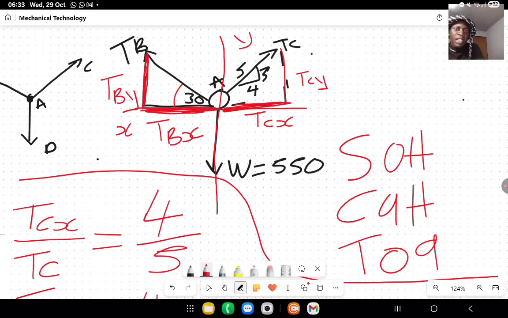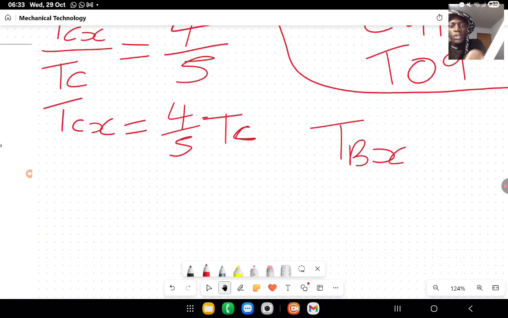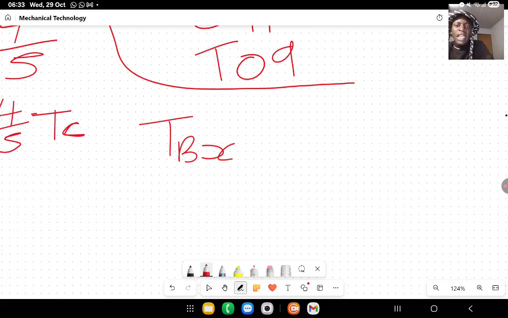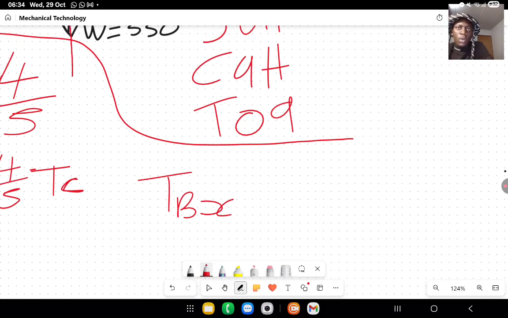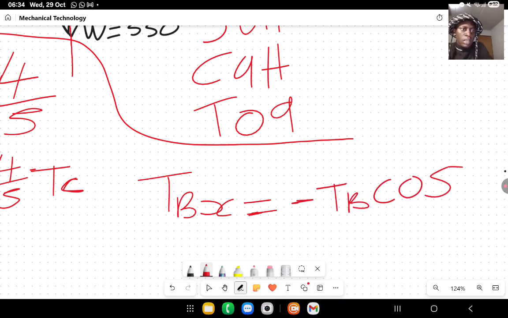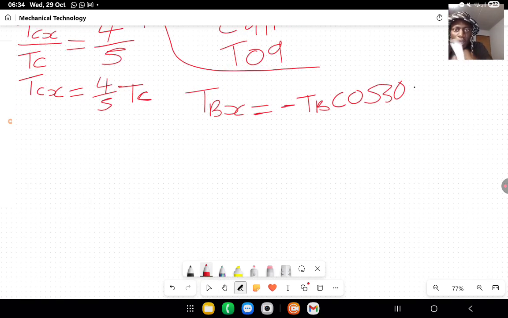That means our x value there is negative, but here our x value is positive. So we put it with a negative: TBX equals negative TB cos 30. I hope all of us understand that one.